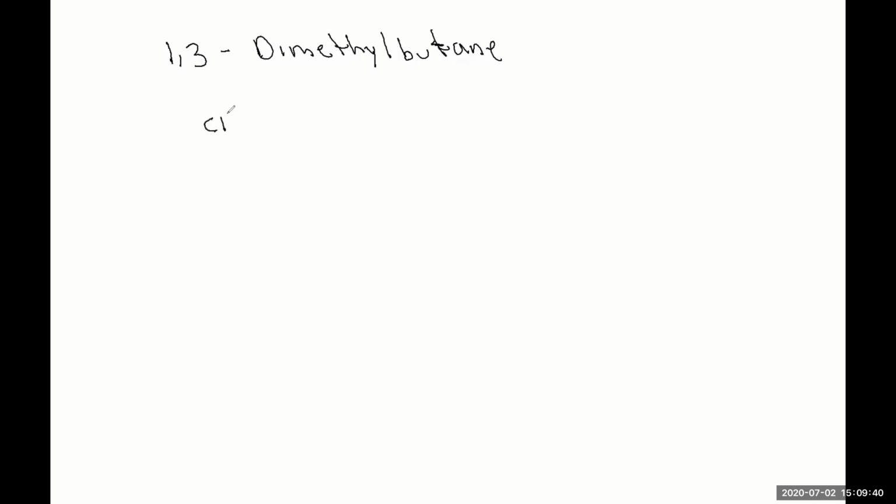So there's a methyl group here, 1. So if that were the case, 1 would be here. 1, 2, 1, 3, dimethyl. 1, 2, 3, 4. So butane is the parent, and according to this, we would name it 1,3-dimethylbutane.